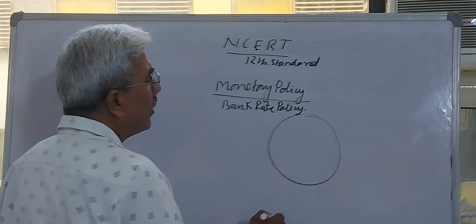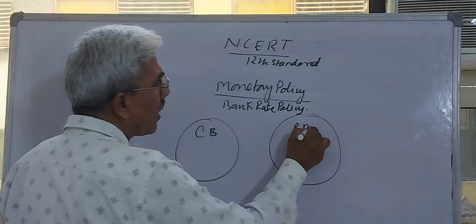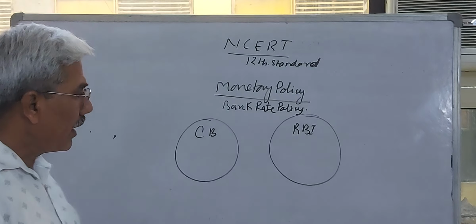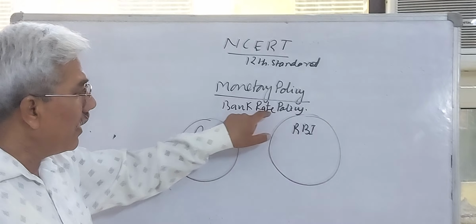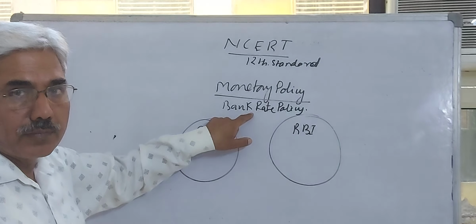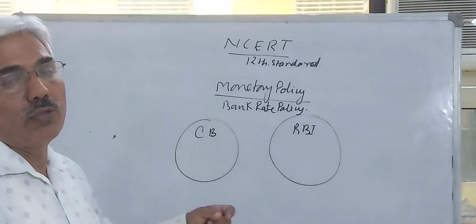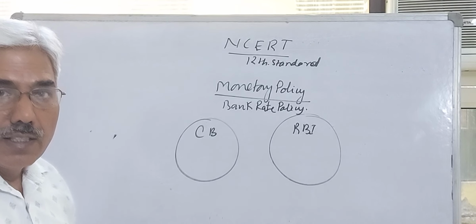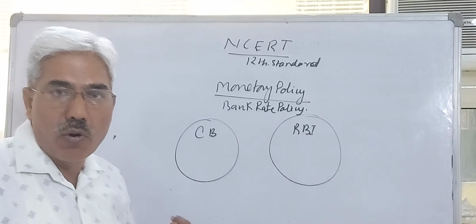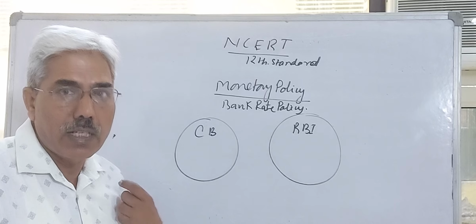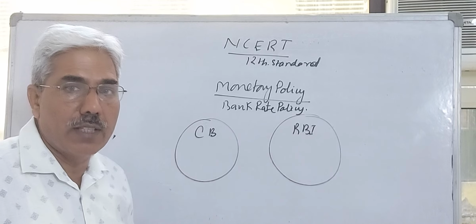Generally defined, if the commercial bank, say this is the commercial bank, say this is the RBI, takes debt from the RBI for the long run, they will take it at the bank rate. And what is the mechanism? Now you can see and understand easily. And if you have any confusion, you can ask me in the comment box so that you understand what I am saying. And this is my effort only for your best performance in economics.